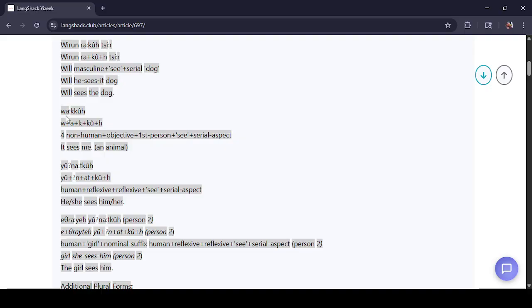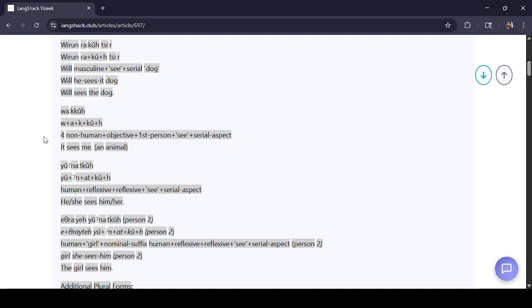So this is essentially acting as a subject object verb. Subject object verb, okay? And then the verb has that serial aspect at the end. So this is essentially a subject object verb sentence order, where the verb goes at the end. Subject, object, verb. That's what you want to think here.